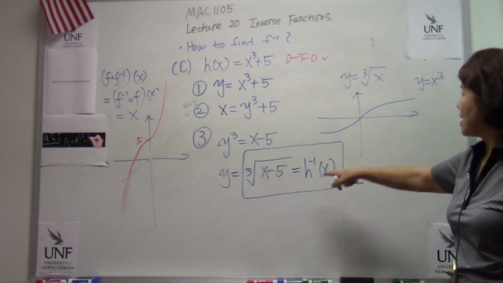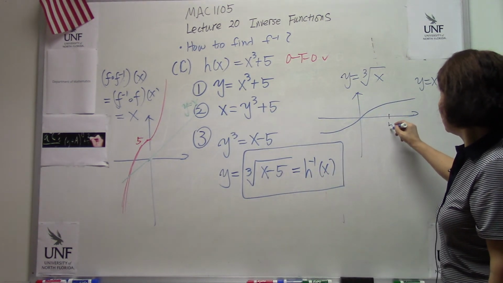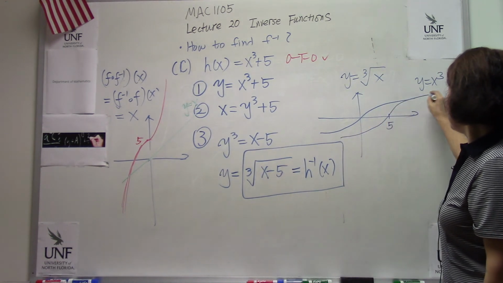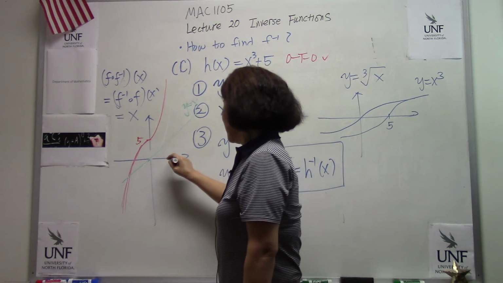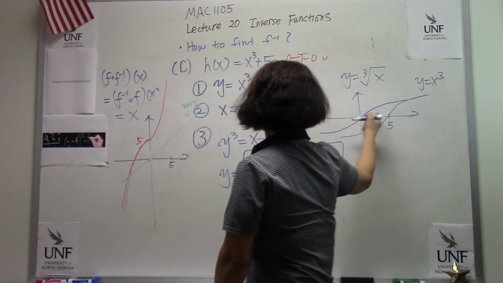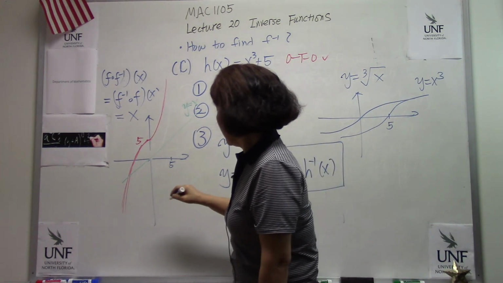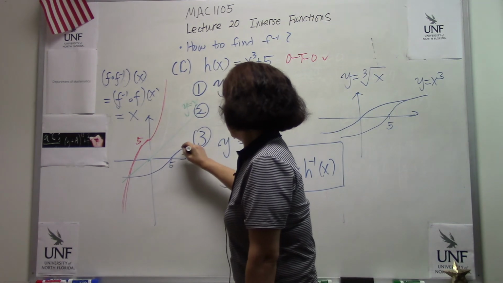And again here x minus 5, in that case you are going to shift this one 5 units to the right, and the graph looks like this.